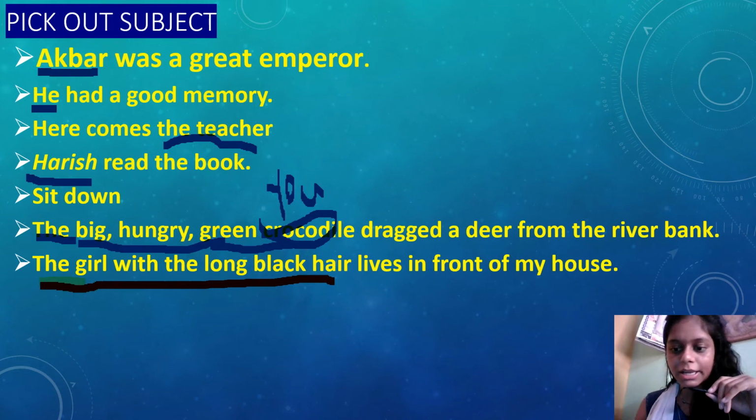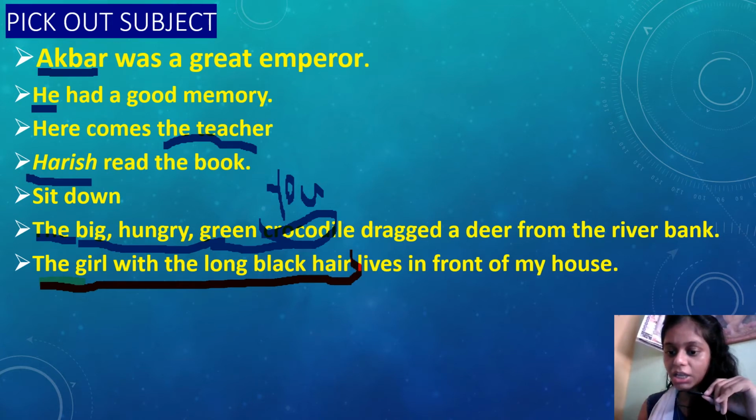The girl is your noun. But how is the girl? With long black hair. It is also related to the noun, so it will form the full subject: the girl with the long black hair. Till here it is your subject. Understood?